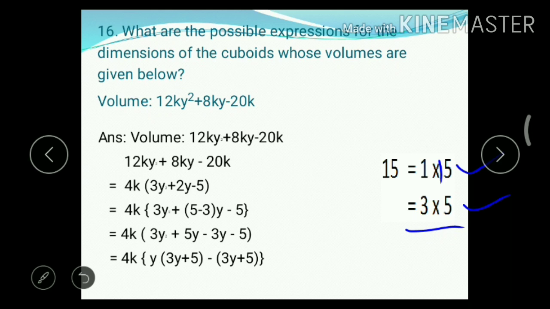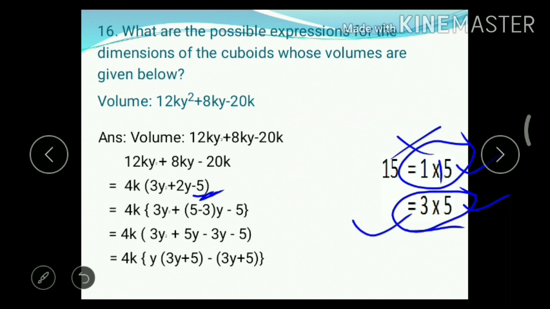Now we need the subtraction as 2. Why? Because here you can see the constant term is negative, so we have to subtract the pairs. Here this will give you 2, this will give you 14, so this is not possible. This will give you 2, so instead of 2 we shall write 5 minus 3.